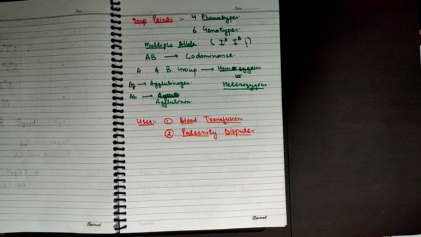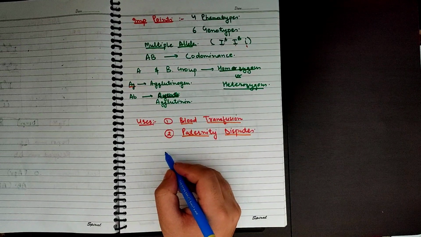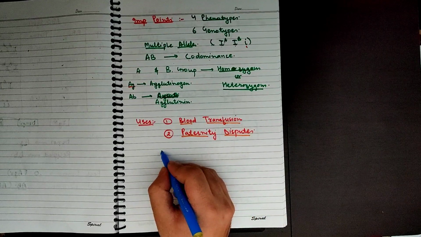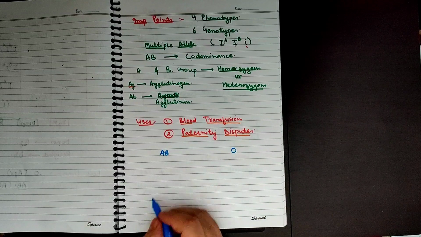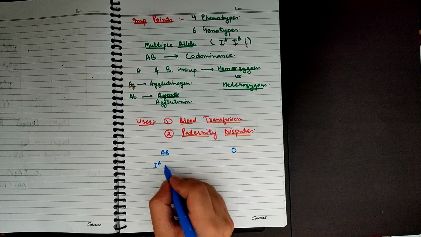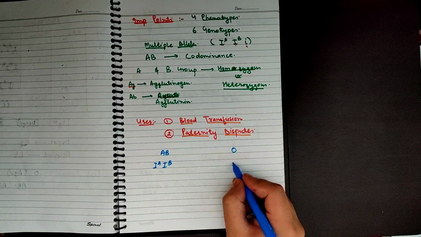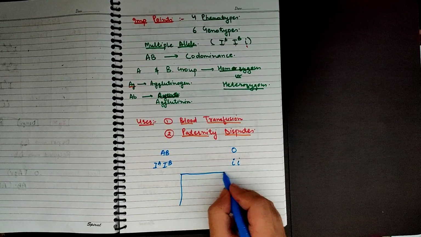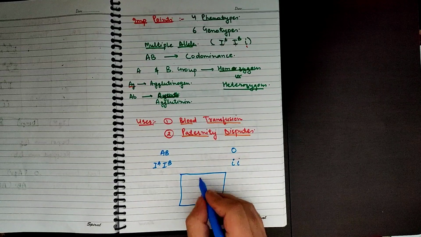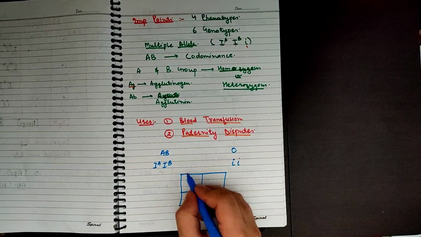Let's see how this is possible. If we have a female who has blood group AB and a male whose blood group is O, what will AB be? It will be IA IB, and what will O be? It will be small i. When they are going to marry, what are the possibilities of offspring? We can see with the help of a Punnett square.